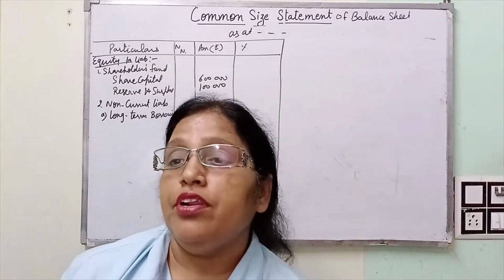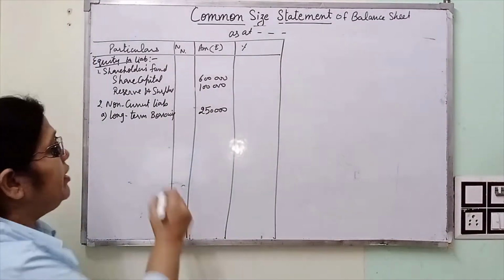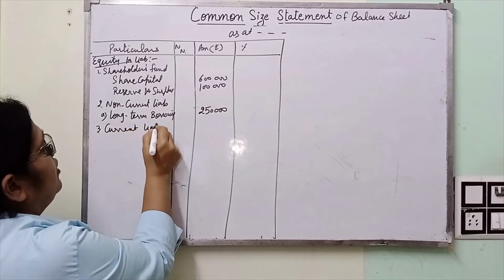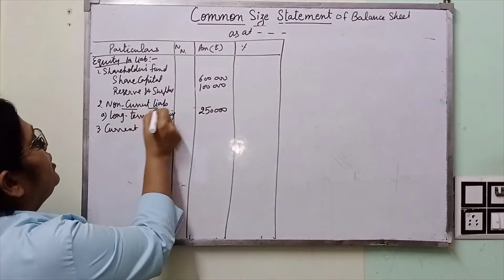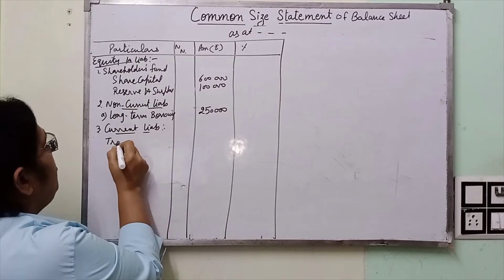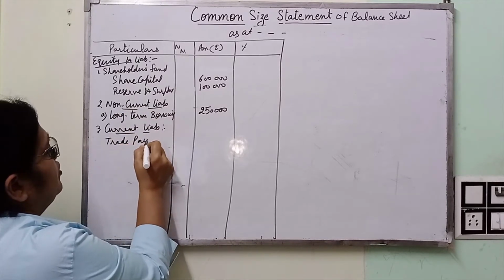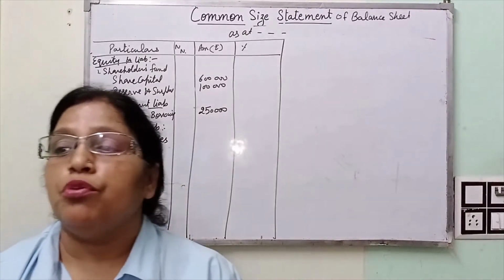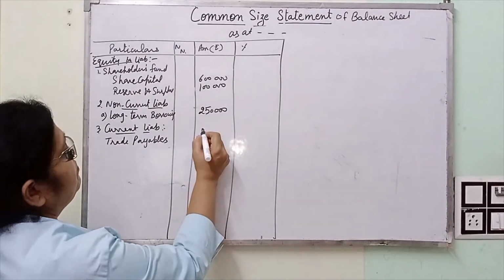Clear? After this we have current liabilities. Third point is current liabilities, and under current liabilities we have trade payables of rupees 50,000.